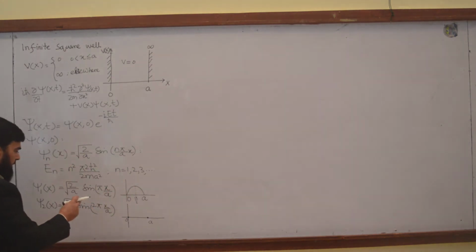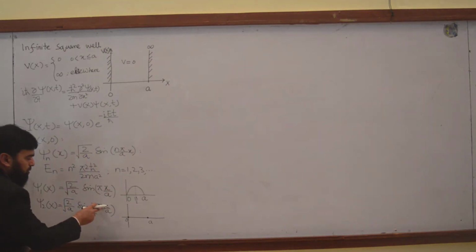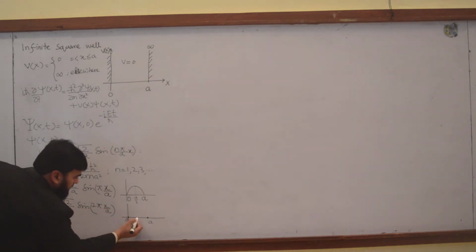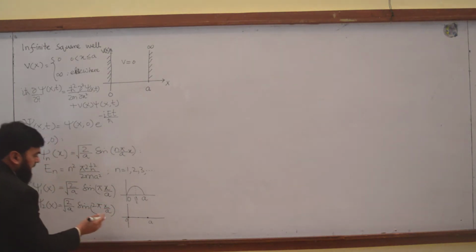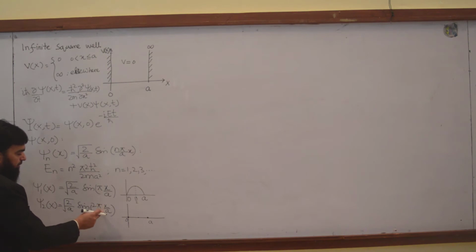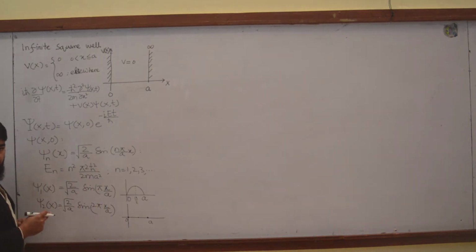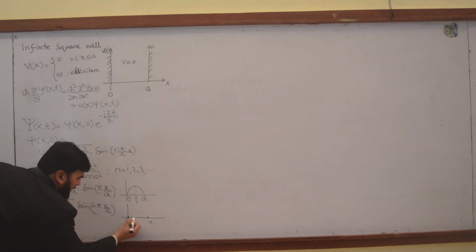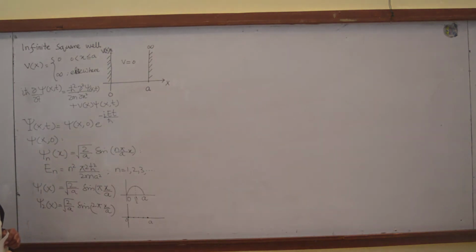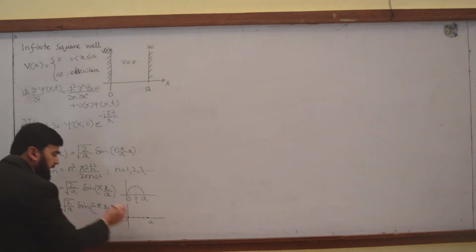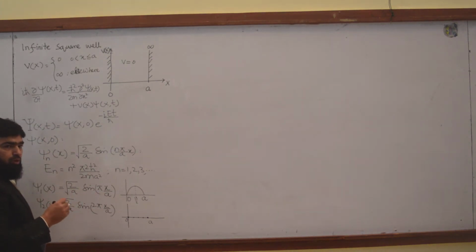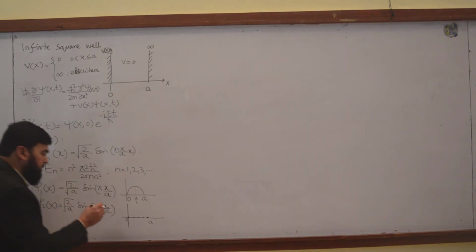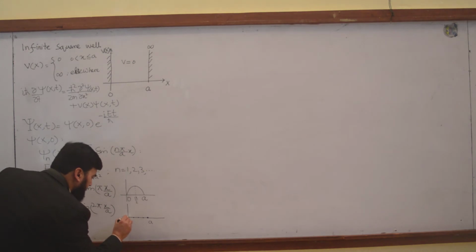But when x is equal to a by 2, the midpoint, then I have sine pi, and this is again 0. And if I check this at a by 4, then I have the maximum, on this side as well as on this side. We have plotted these in detail in the previous lecture, and I am now summarizing them.